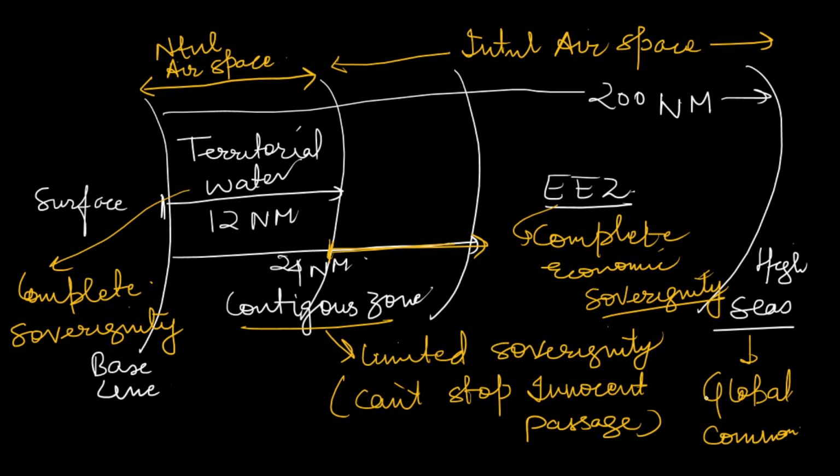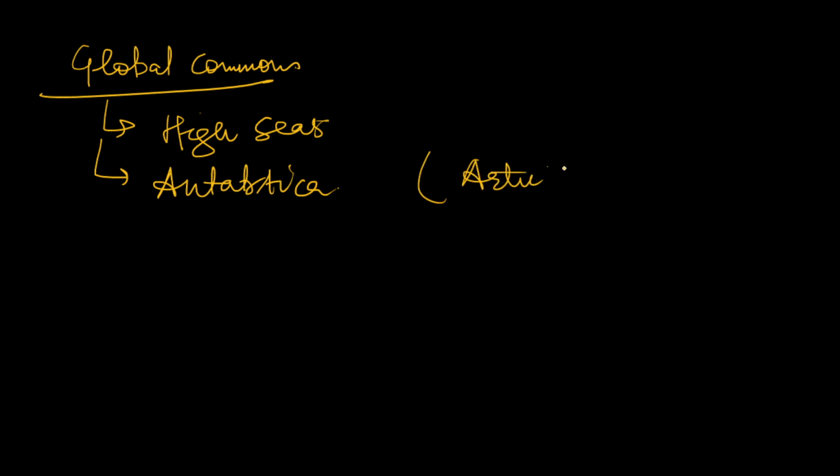When it comes to global commons, you should know there are generally four: the high seas, Antarctica, and you should know here that the Arctic is not a global common, only Antarctica is.